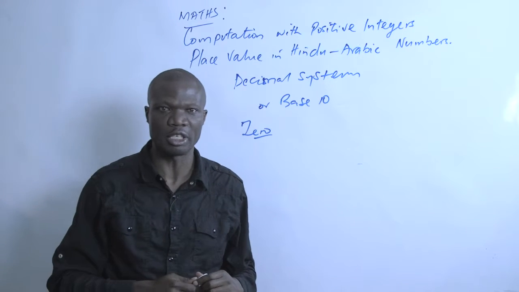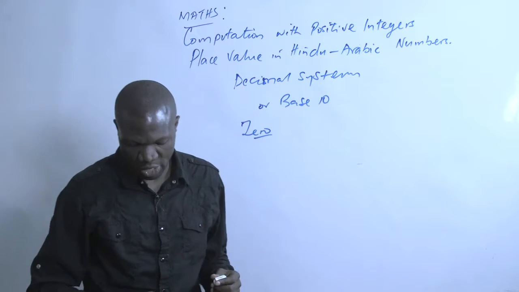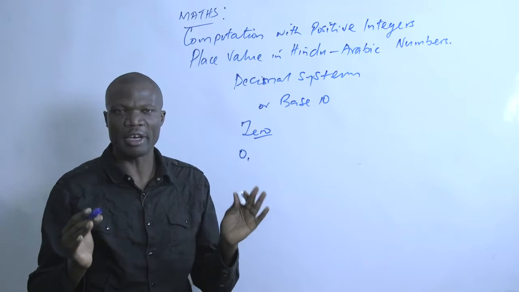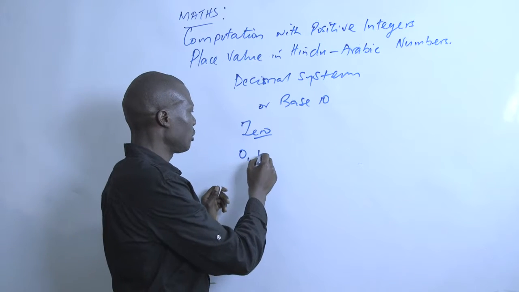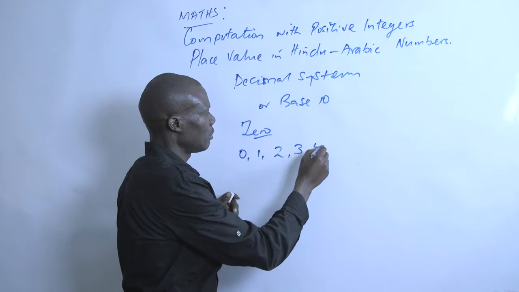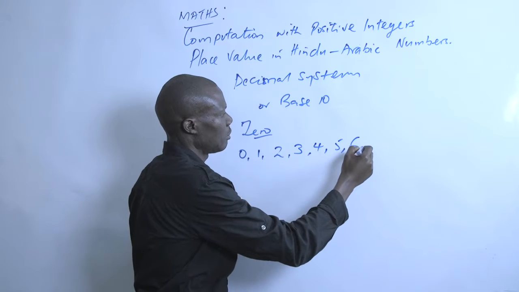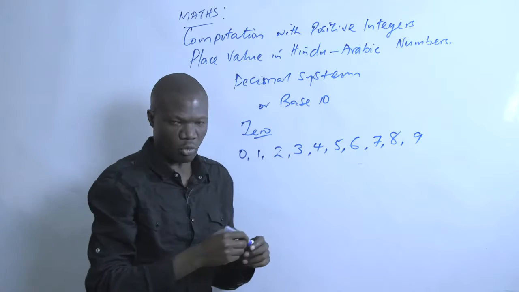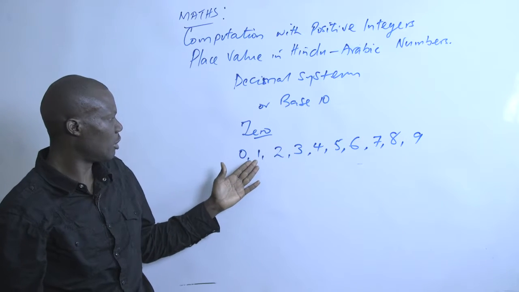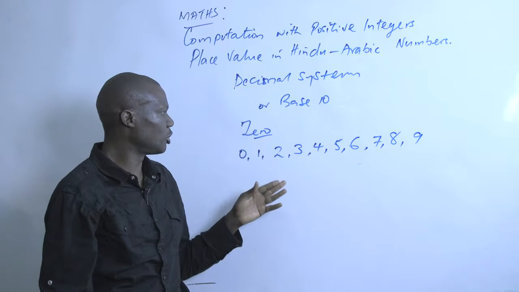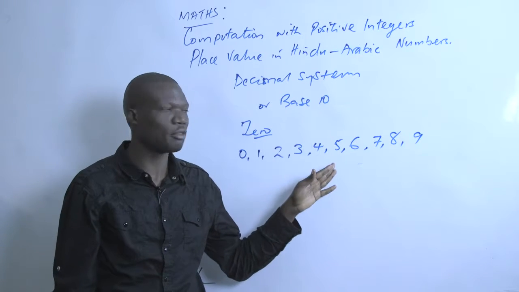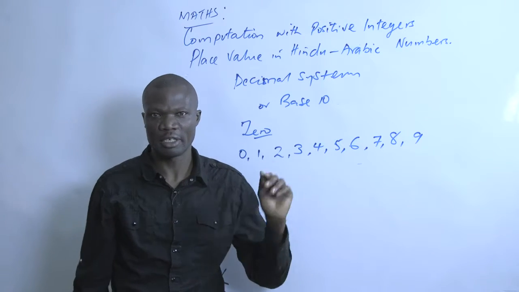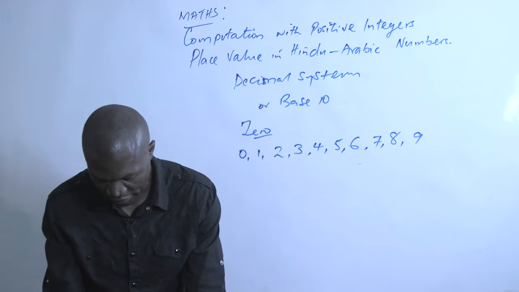Now, I want us to look at the following numbers, 0 all the way up to 9 without repeating. So we have these numbers 0, 1, 2, 3, 4, 5, 6, 7, 8, and 9.